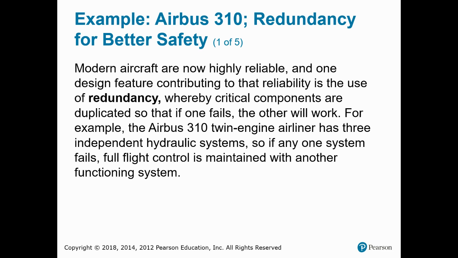So, for example, the Airbus twin engine has 3 independent hydraulic systems, so that if one system fails, full flight control is maintained with another functioning system. The hydraulics are operated by pumps, and hydraulics pump liquids through pistons and hoses to make the landing gear go down. On older tractors, you have one hydraulic pump, and it ran the lift in the back of the tractor and the lift in the front of the tractor.